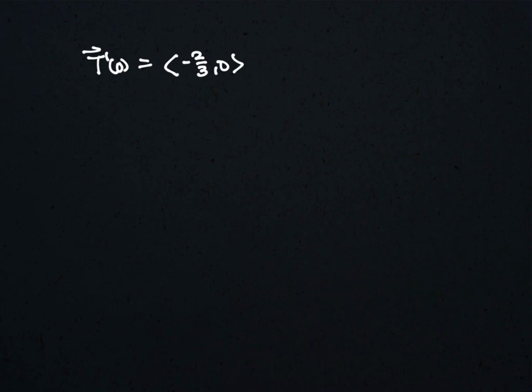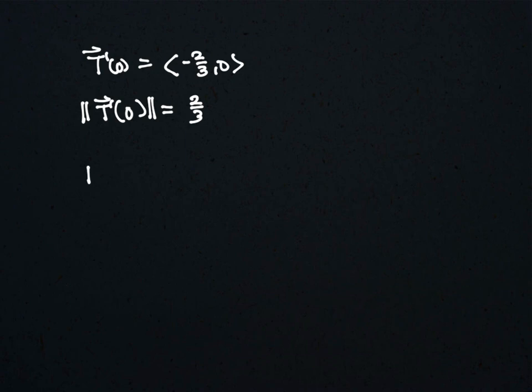Okay, we need to find the magnitude of this one now, right? So what's the magnitude of t prime of 0? It is 2/3, right? And we know easily because it's only got one component. If you wanted to square it and square root and so forth, you'd still find the same thing. It is 2/3.